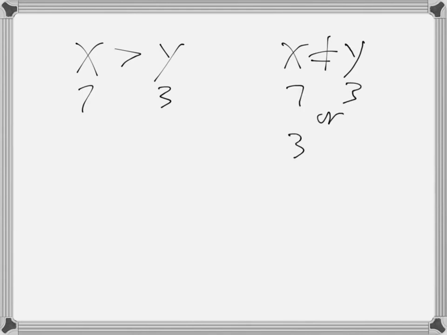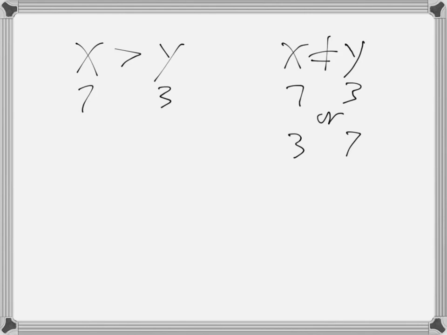Well, what do I mean? Let me make sense out of that. If I say X is greater than Y, well, that means that X is bigger. X could be something like 7 and Y could be 3 or whatever. There's just one way that can go. Y can't be bigger. Whereas if I say X is not equal to Y, that could go two ways. X could be the bigger one or Y could be the bigger one.